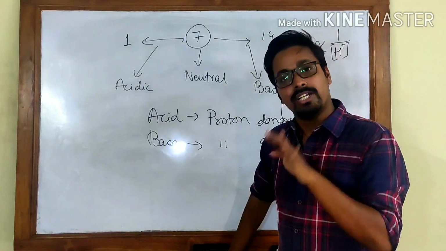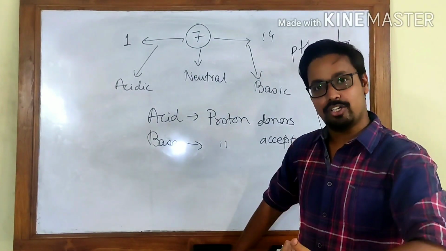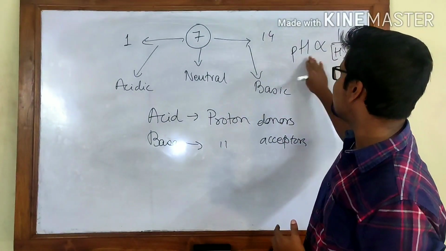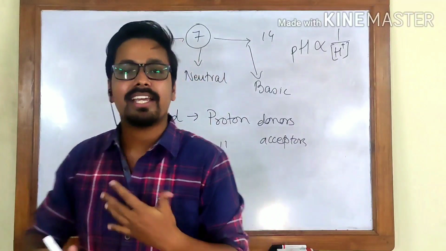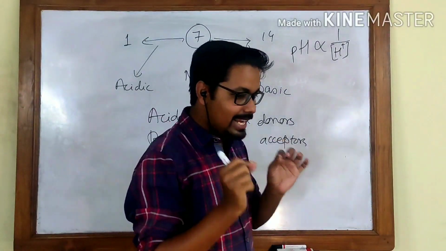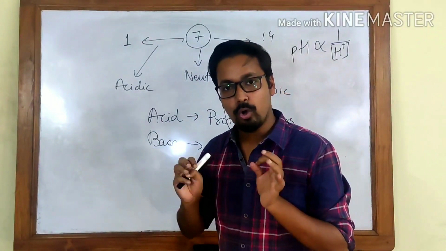So if more hydrogen ion, less pH, means acidic. If hydrogen ion is less, pH will be more, and we will have a basic environment. So they are inversely proportional. If one increases, the other decreases. I hope that is clear.